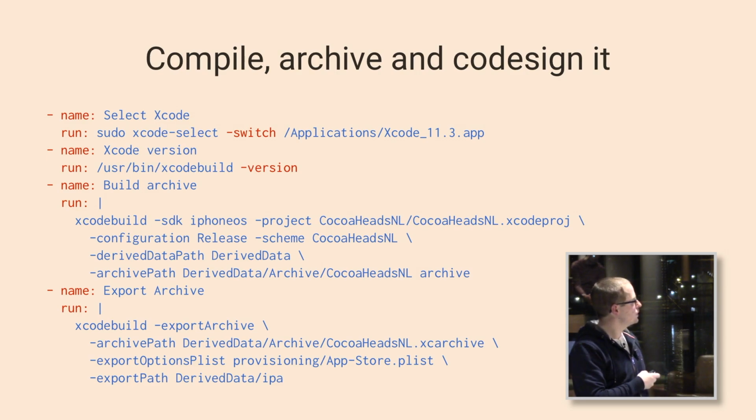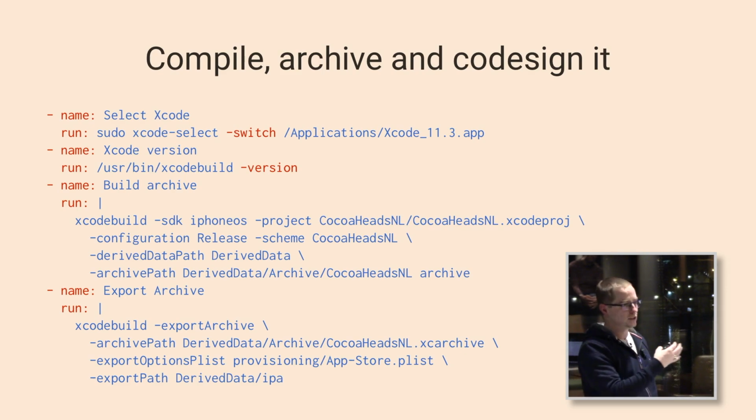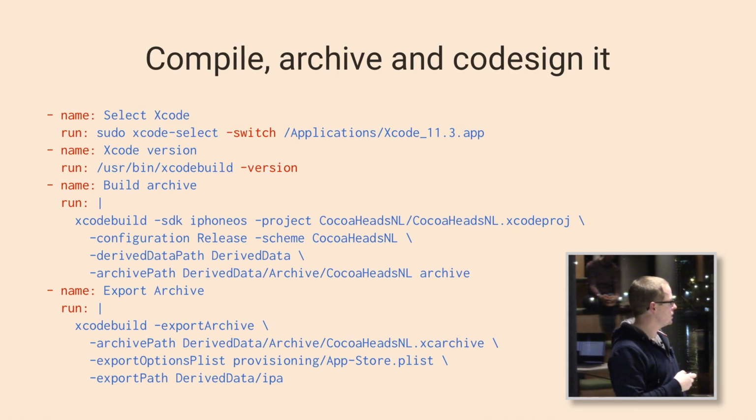Then there's an Xcode build command. Pretty much everything that's in there leads to what you get if in the Xcode menu you press archive. You have to have the proper scheme selected and some other parameters need to be correct. But then you will be presented with an archive in the archive window, and this command does the same thing.